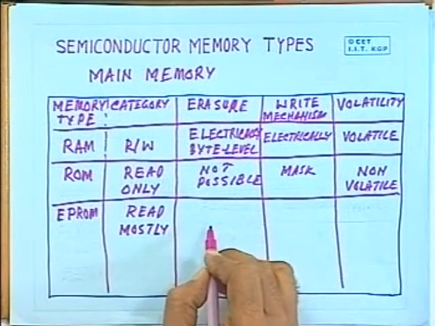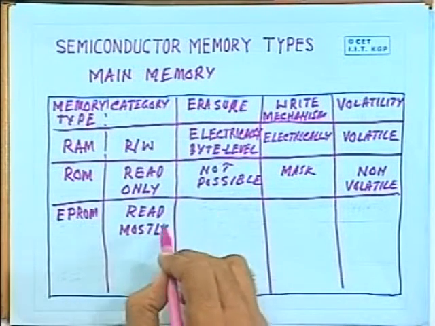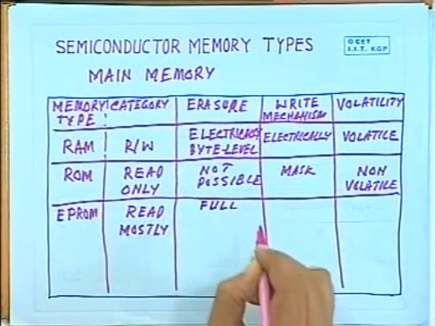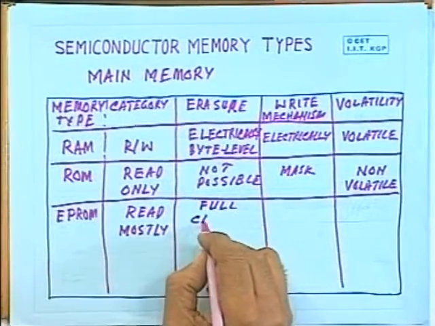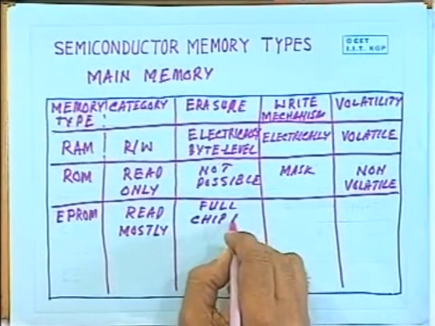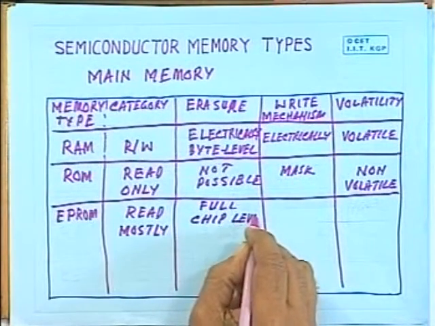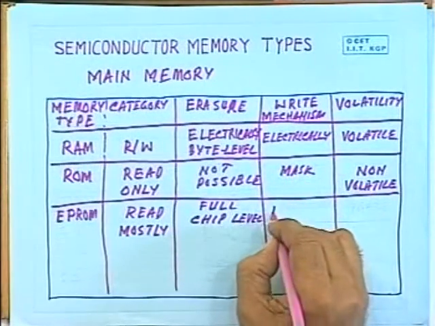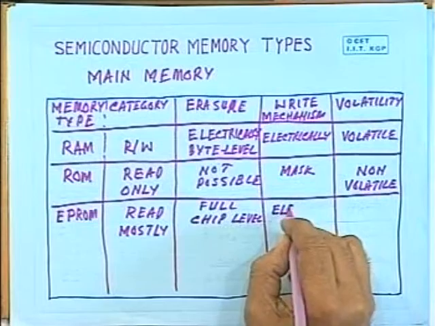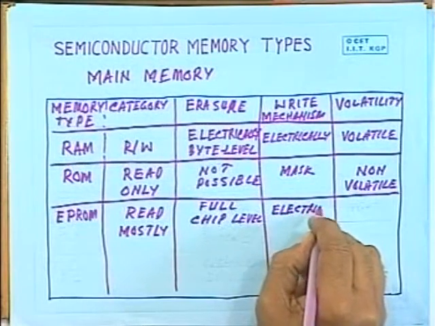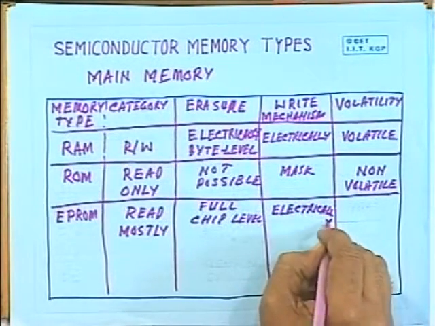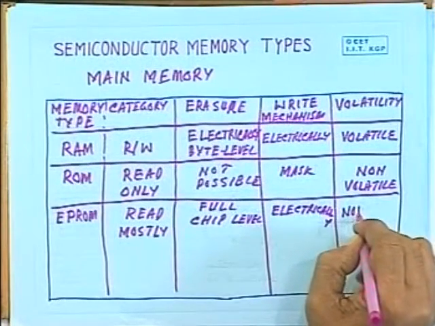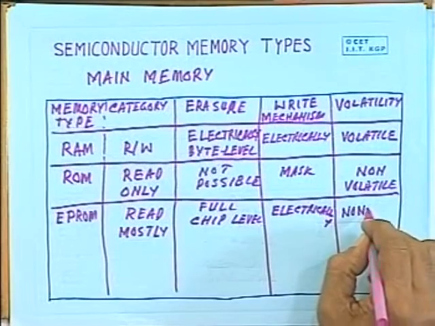And here you can perform the erasing, and you can perform the erasing at the full chip level. That means whenever you do erasing, all the contents of the chip will be erased, and writing can be done electrically, and it is also non-volatile. Obviously, all the ROMs will be non-volatile.